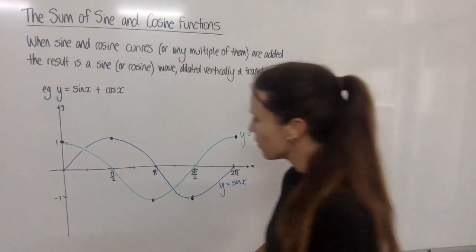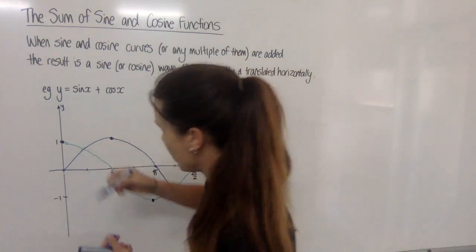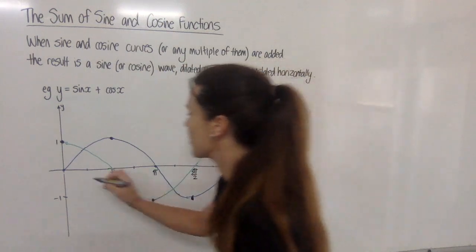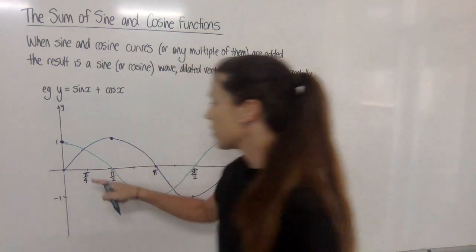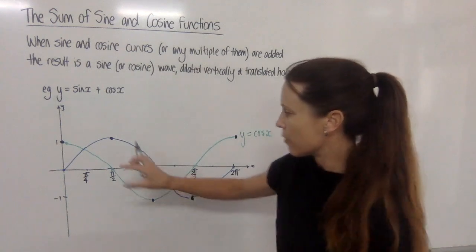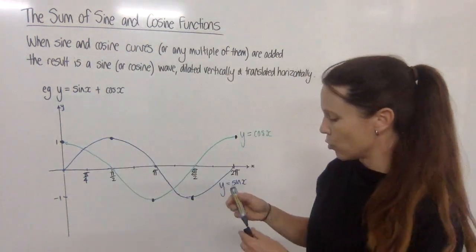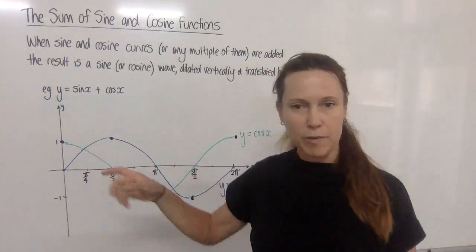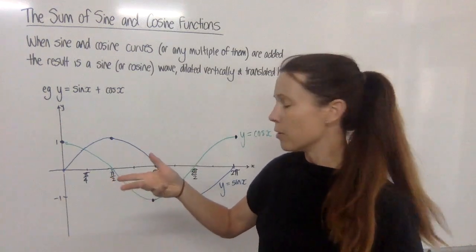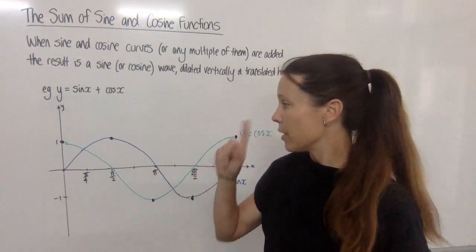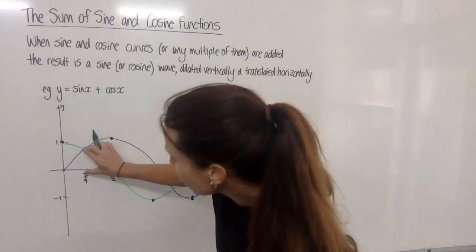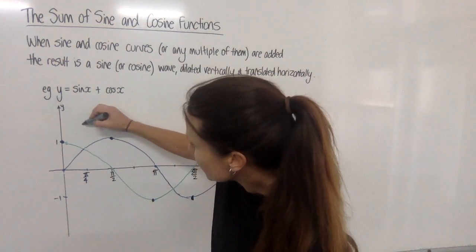What about these crossover points here? I can see that when x is pi on 4, the sine of pi on 4 and the cos of pi on 4 are both exactly the same. It's 1 over root 2. So if I add together 1 over root 2 plus 1 over root 2, I get 2 over root 2. And that's actually just root 2. And what I get is this height doubled.